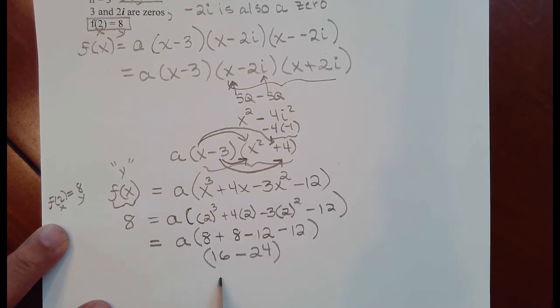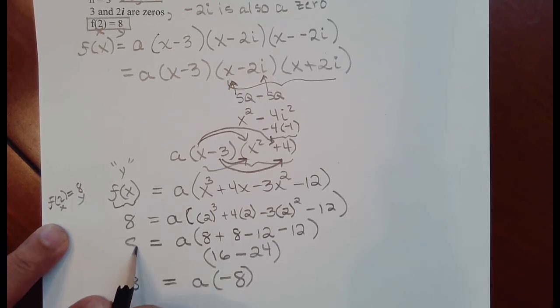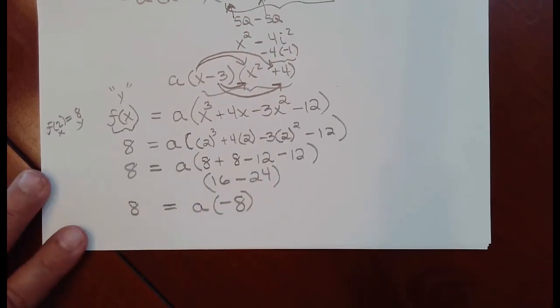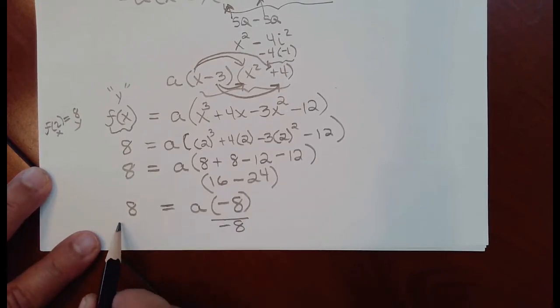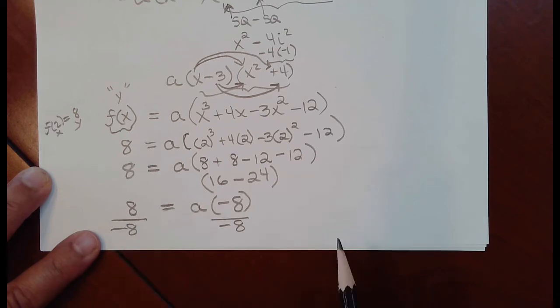That's what's in here. That ends up being negative 8, times a, and you have an 8 over here, and you're solving for that. So you're solving for a, so divide this negative 8 right off of the a, likewise over here, and you end up with a is equal to negative 1.